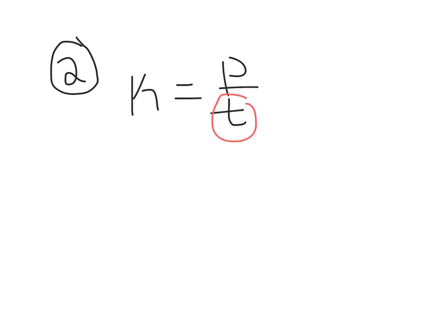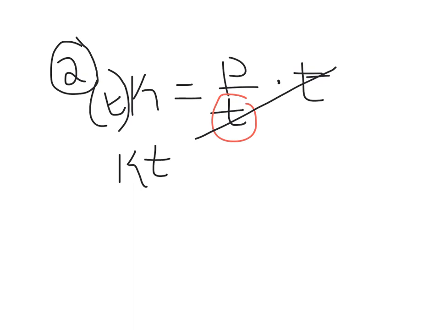So I need to get t out of the denominator. T is dividing right now, so I'm going to multiply both sides by t. If I do it to one side, I need to do it to the other side. These t's are going to cancel out. On this side, I'm going to have k times my t equals p.